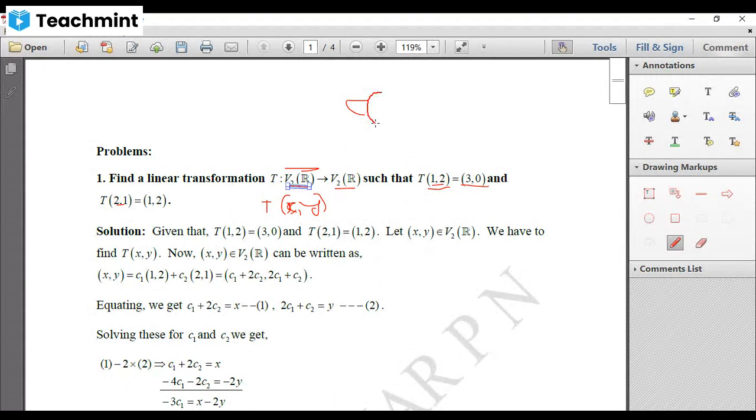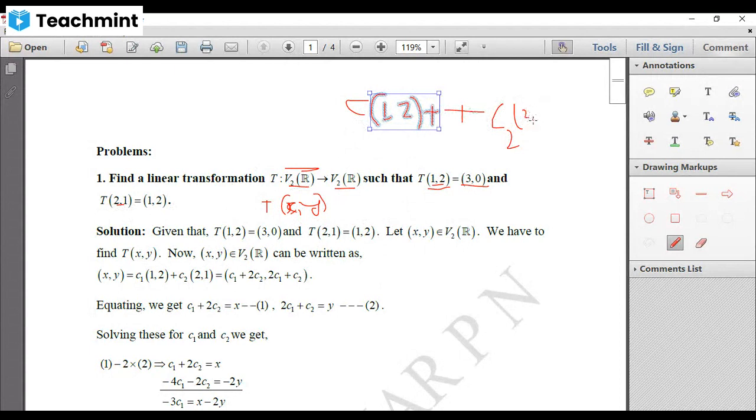into this vector 1 comma 2, plus some scalar, let us say this is c1, plus some scalar c2 of ordered pair 2 comma 1.